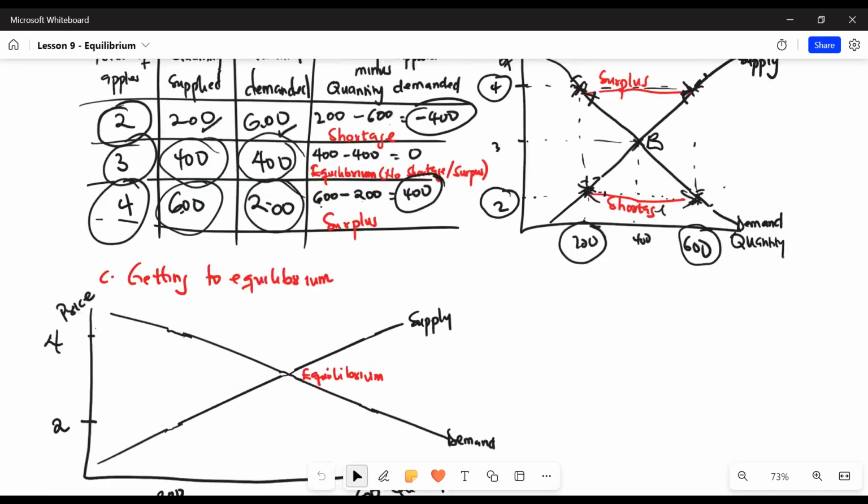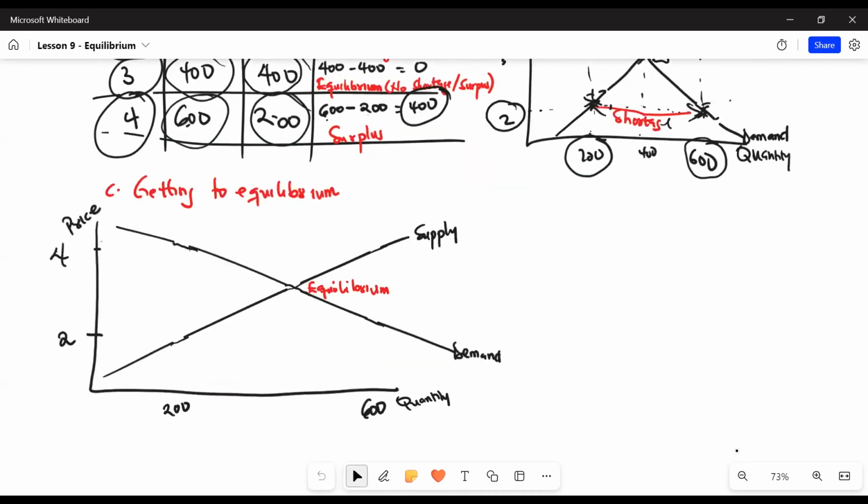Let's look at how the market gets back to equilibrium when it starts from a point that is higher or lower than the equilibrium price. One thing we have to know is that markets do not always start from the point of equilibrium. However, markets always tend to slowly move towards equilibrium due to the interplay of demand and supply.